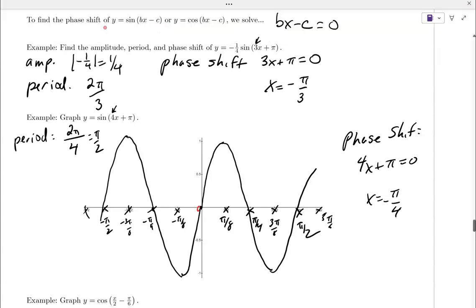So this point at the origin is going to end up right here, isn't it? This is going to end up here. This one will end up down here. This one will end up down here. This one will be up here, and you get what looks like we just took the graph and flipped it upside down.